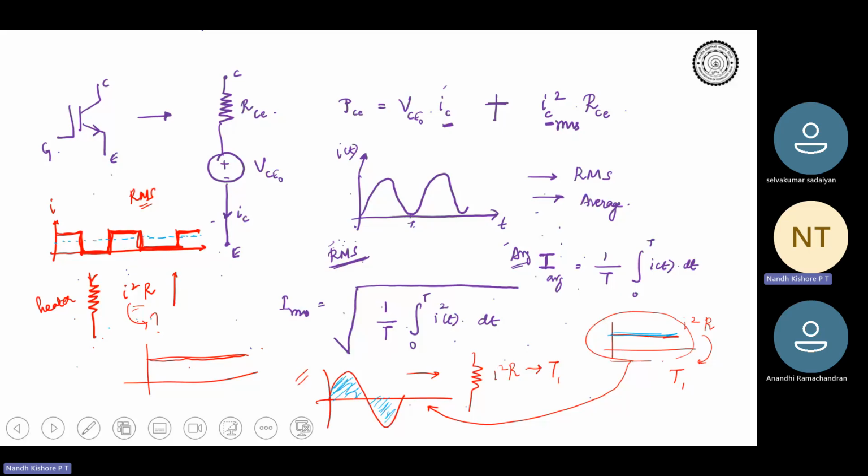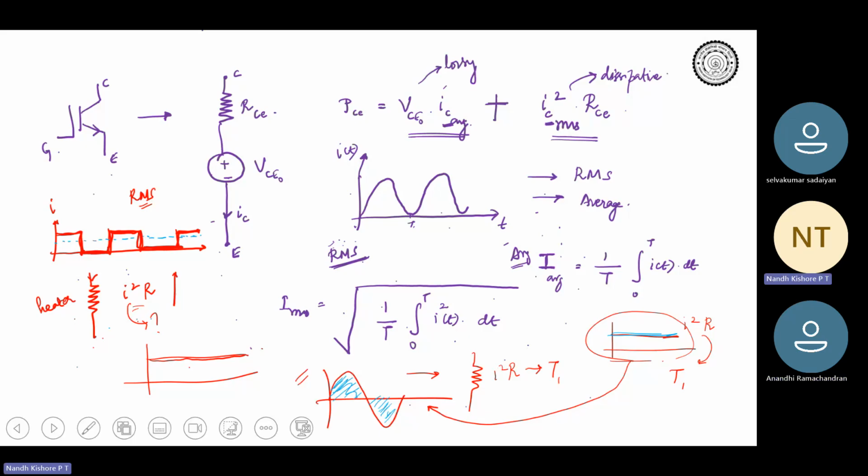If it is always I square R, it's going to be I RMS square R. And over here, as Selva Kumar sir was telling, this is going to be I average, because this is the dissipative element. This is the dissipative part. It gets heated up, whereas this is like a lossy part.